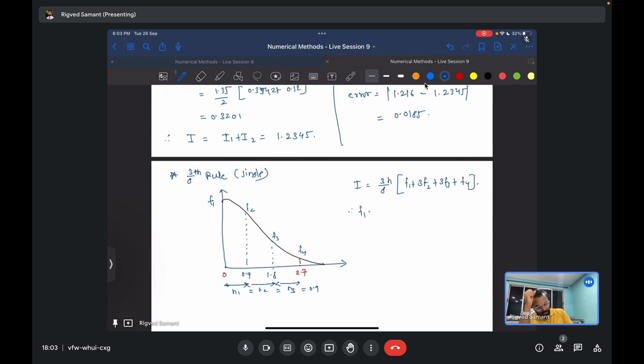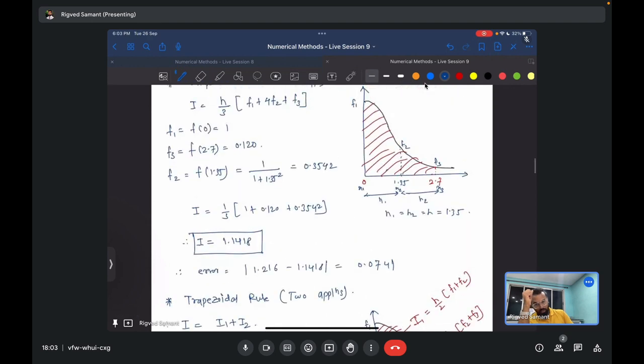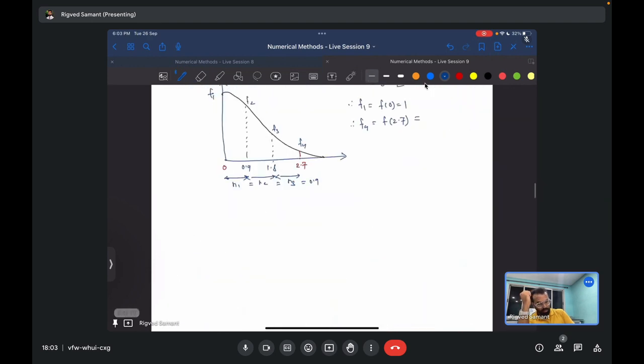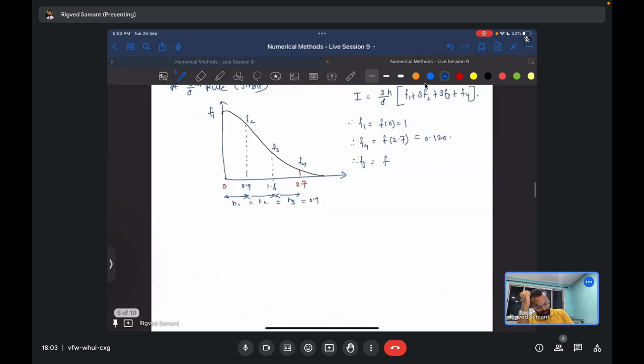So f1 is equal to f of 0, which is 1, and f4 is equal to f of 2.7, which is 0.120. f3 is equal to f of 0.9. f of 0.9 is 1 upon 1 plus 0.9 square, which is 0.5524.